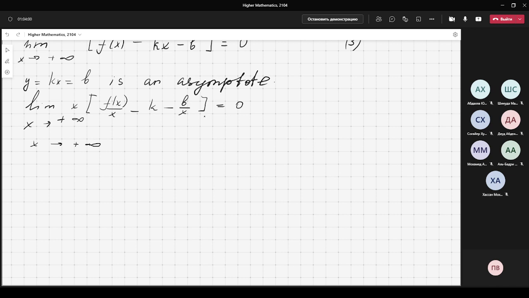For b constant, the limit of b over x equals 0.